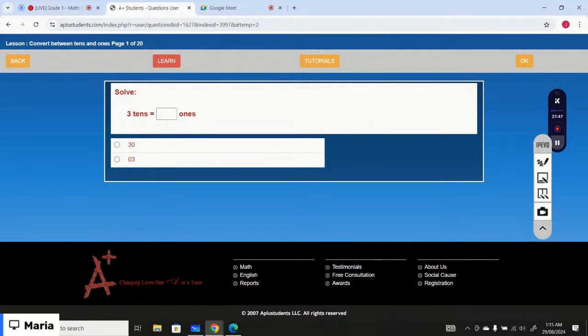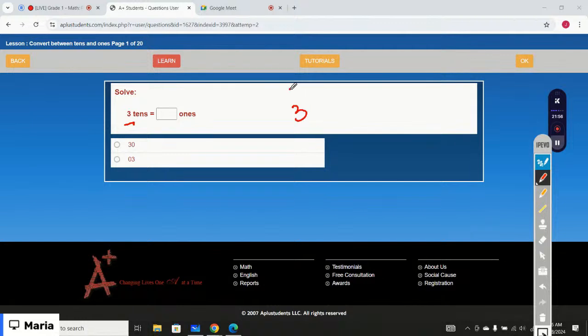3 tens. You have to see how many ones we have in 3 tens. So first, let's write down the digit. 3 tens means 3 is at the tens position. Then obviously the ones digit is 0, right? So that is 30. That means you have 30 ones.